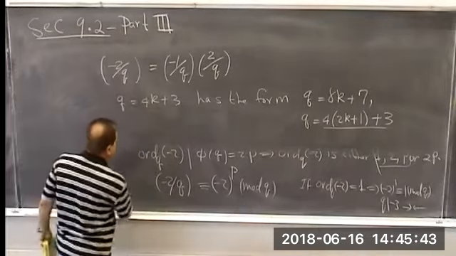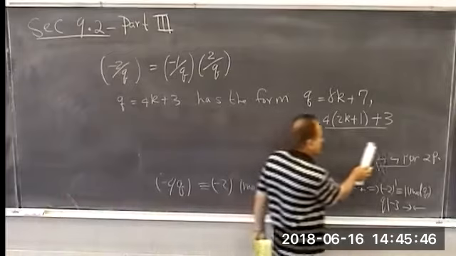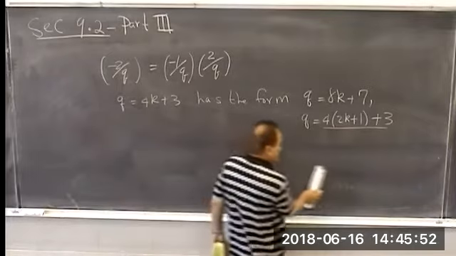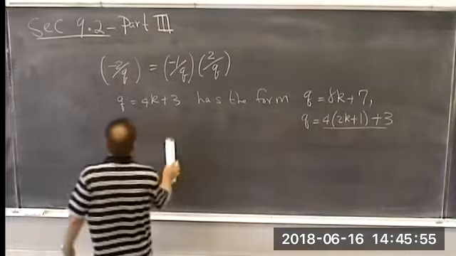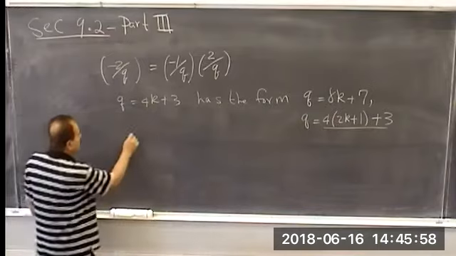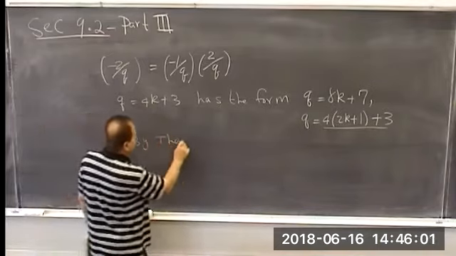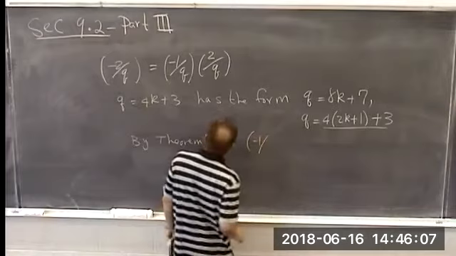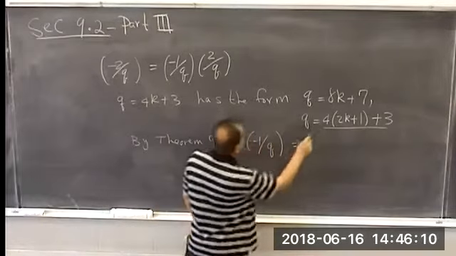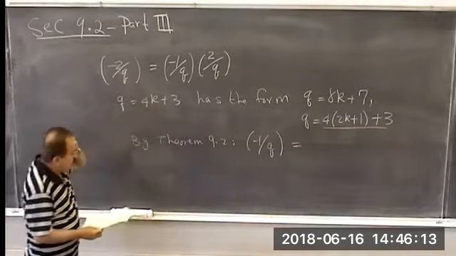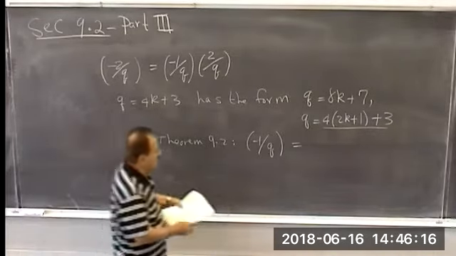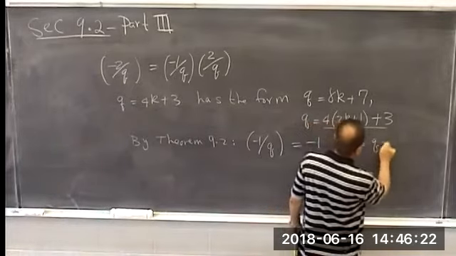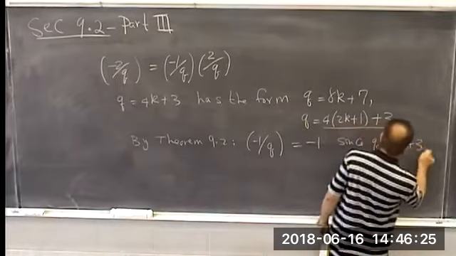And now by these two theorems that give us the quadratic character of negative 1 and 2, by theorem 9.2, we have (-1/q) for this kind of primes, so this one is actually negative 1, since q is 4j plus 3.